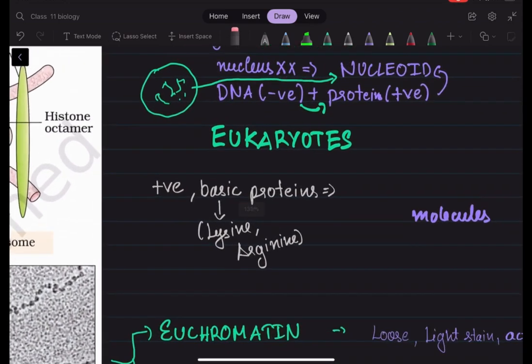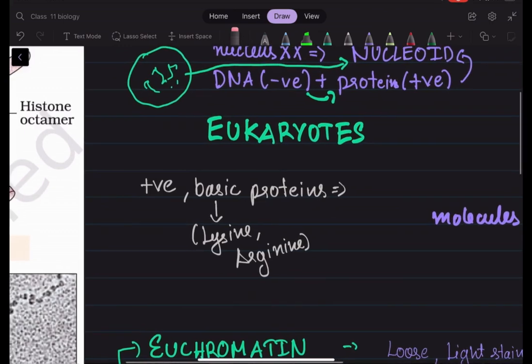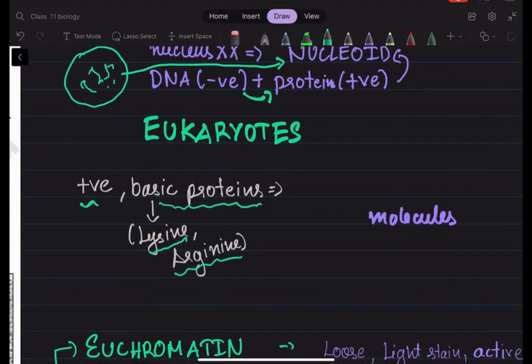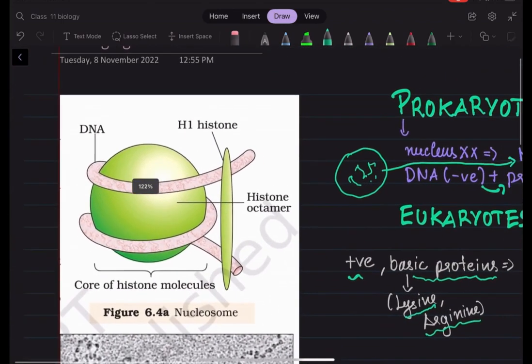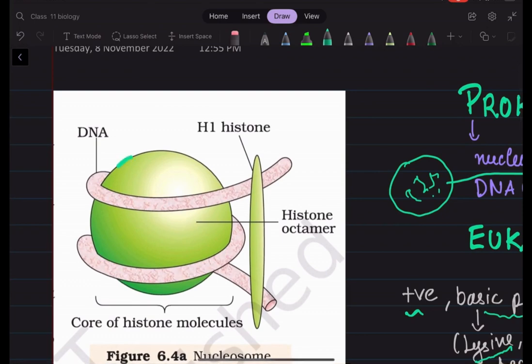So in eukaryotes, positively charged basic proteins constituting amino acids like lysine and arginine form an 8-molecule complex called the histone octamer. The spherical structure you see here is nothing but your histone octamer.